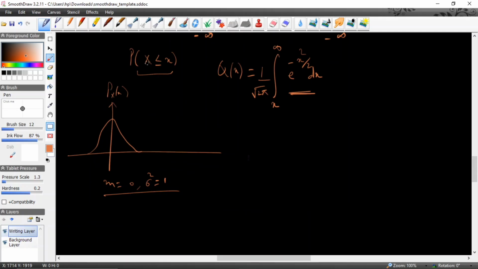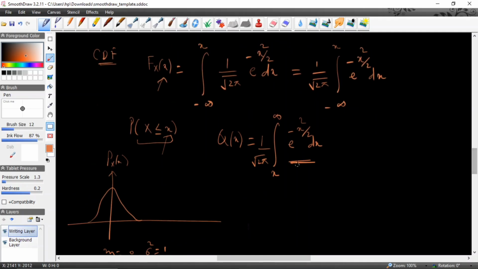And if I take any point x here, then if I integrate the PDF from x to infinity, that will give you the area under this curve, which I call Q of x.